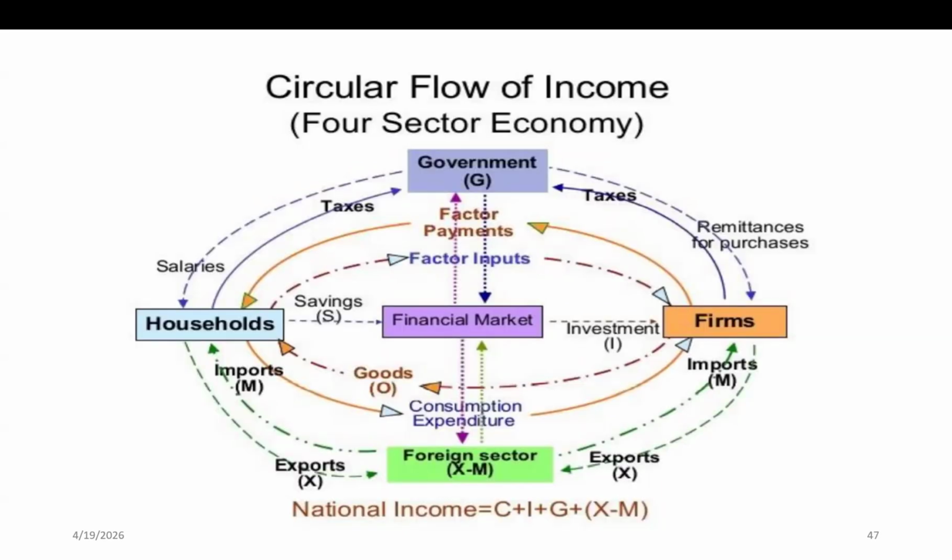Right, so that is all about the introduction to macroeconomics.